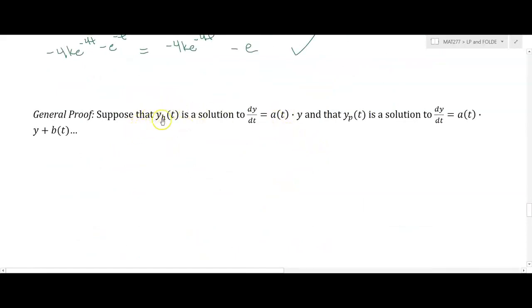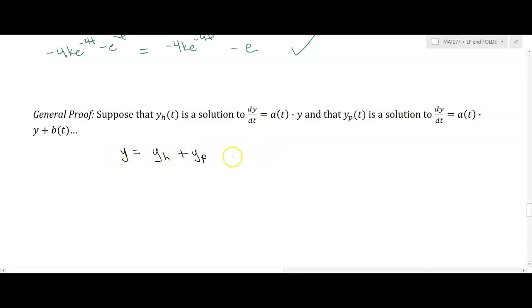So suppose that y sub h of t is a solution to the homogeneous reduction, and that y sub p of t is a solution to the non-homogeneous case. So we start off the proof by saying that. So if that's true, then I want to check, is y equals y sub h plus y sub p a solution?